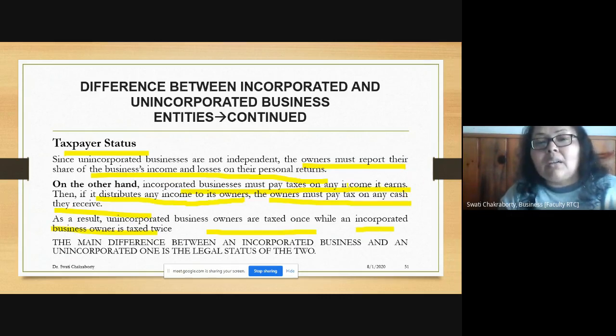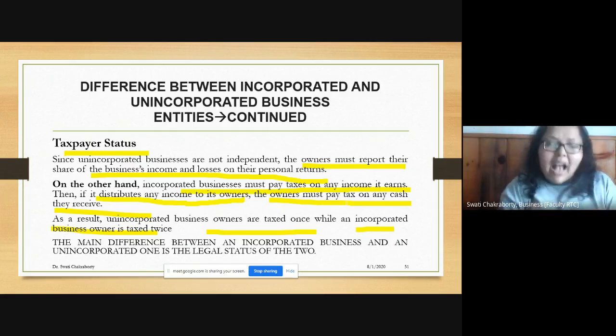If they receive any dividend, they get taxed on it. Once on the dividend they are paid. If they do not get any dividends, then they don't have to pay. But if some amount of the profit is given to the owners, they will have to pay tax on that, right? So it's double taxation.